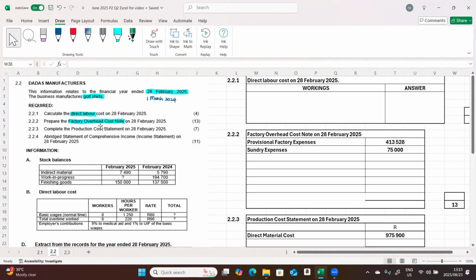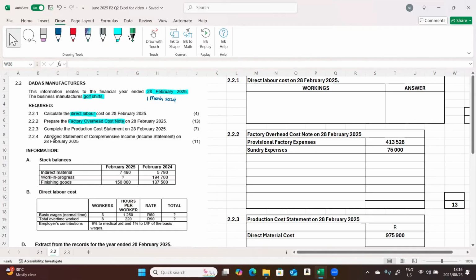Everything that says factory goes into factory overhead, except if it is a direct labor or a direct material, then it obviously goes to direct labor or direct material. Everything else that relates to the factory goes to factory overhead. All right, so that is the best way to explain how to classify your costs that go into this note.